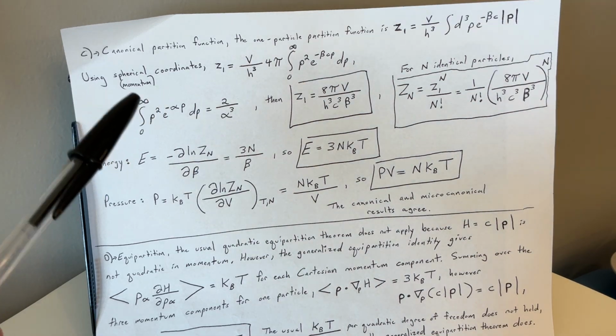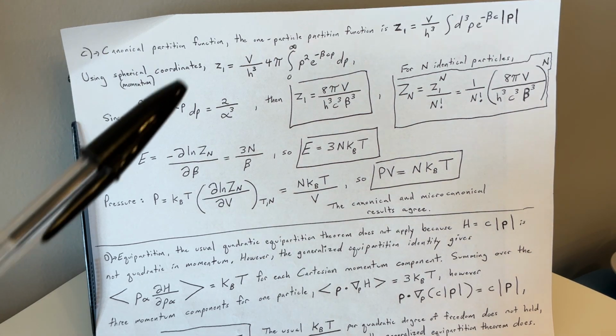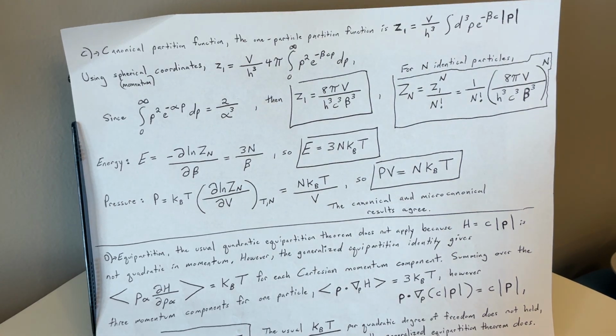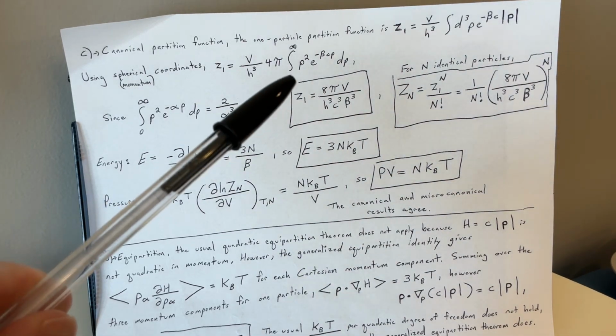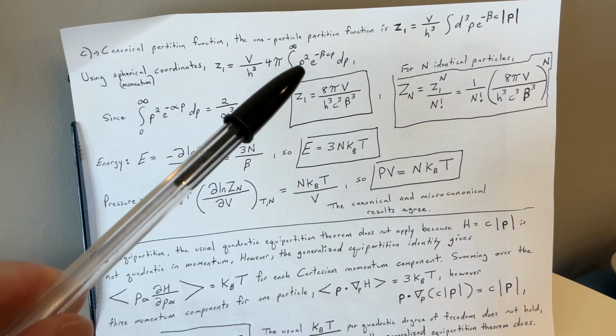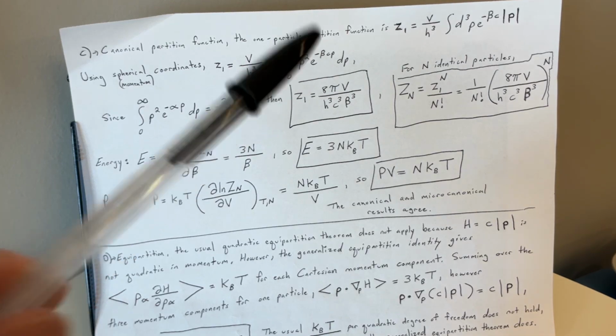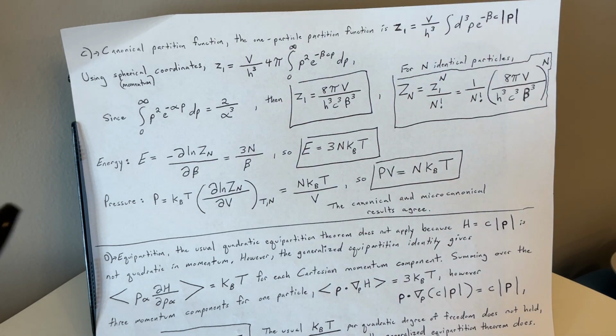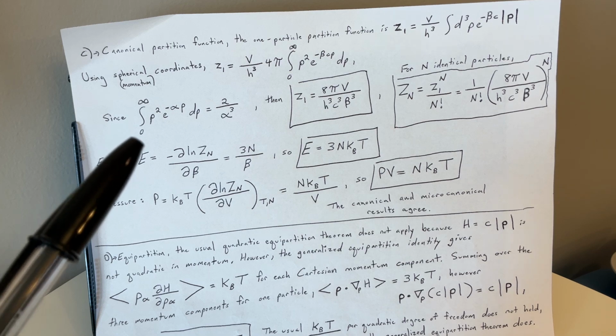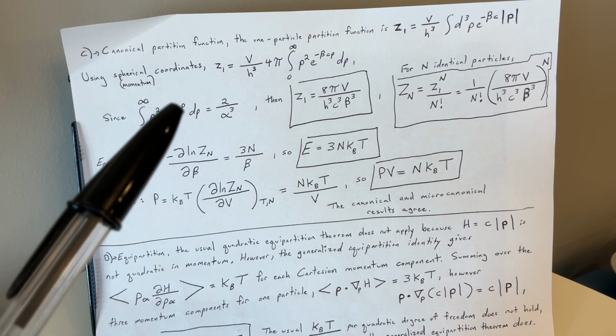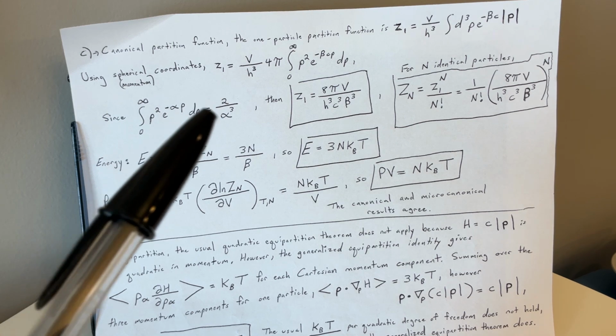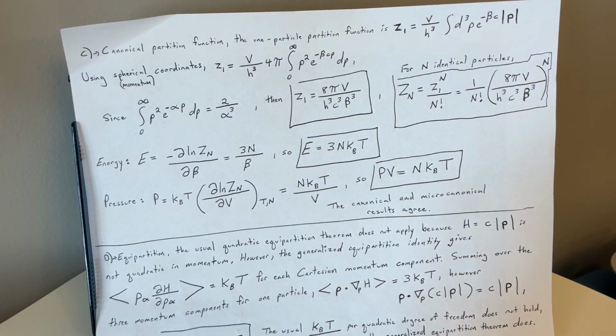Using spherical momentum coordinates, Z_1 equals V over h cubed times 4 pi times the integral from 0 to infinity of p squared e^(-beta c p) dp. Since the integral from 0 to infinity of p squared e^(-alpha p) dp equals 2 over alpha cubed, Z_1 is going to equal 8 pi V over h cubed c cubed beta cubed.